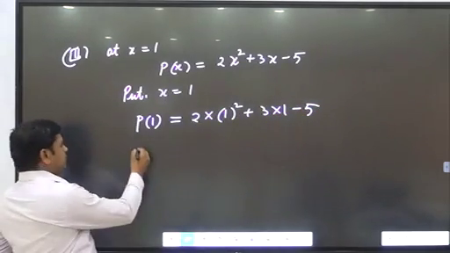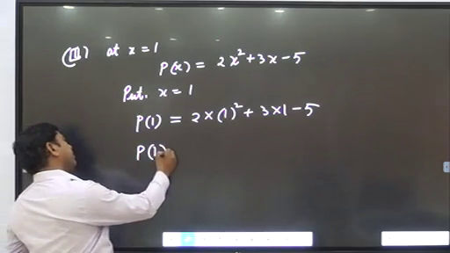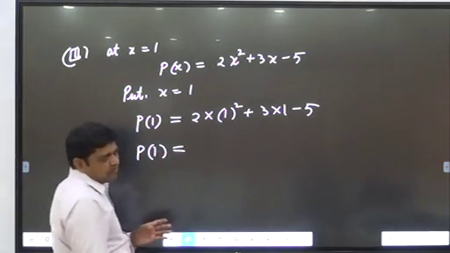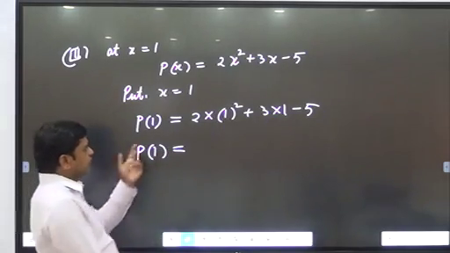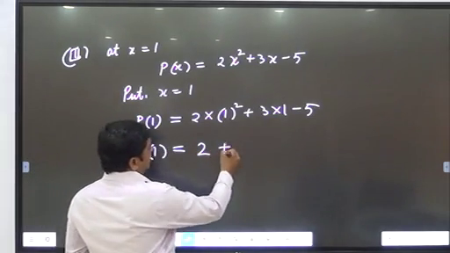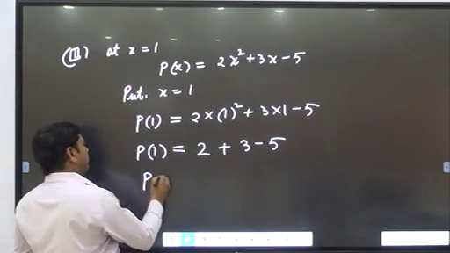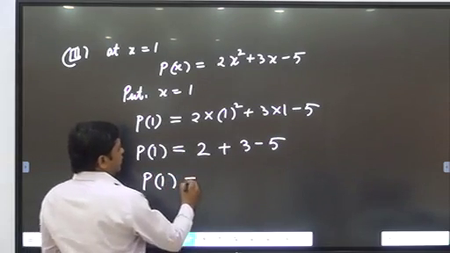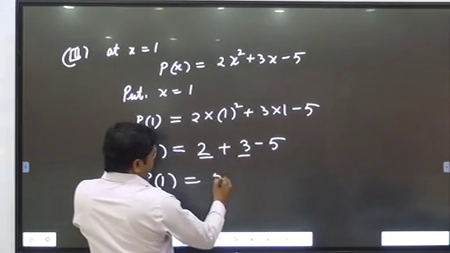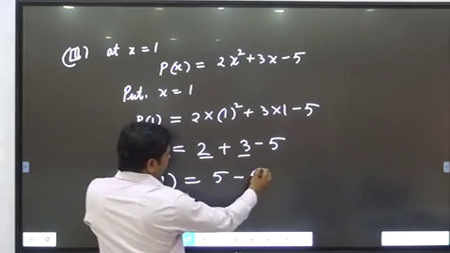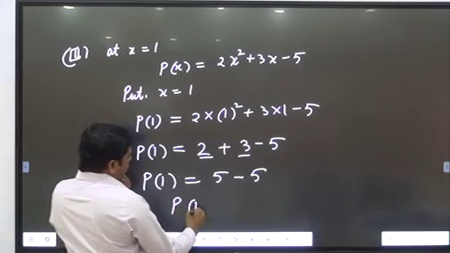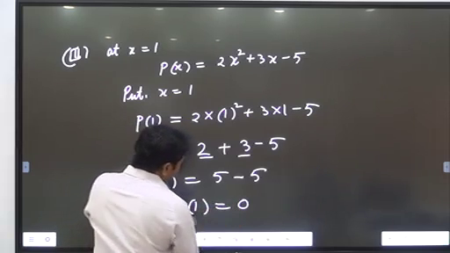So students, P(1): the square of 1 remains 1, so 2 into 1 is 2, plus 3 into 1 is 3, minus 5. Finally P(1) equals 2 plus 3, 5, minus 5, and finally we get P(1) equal to 0.